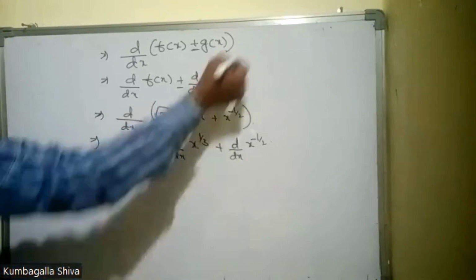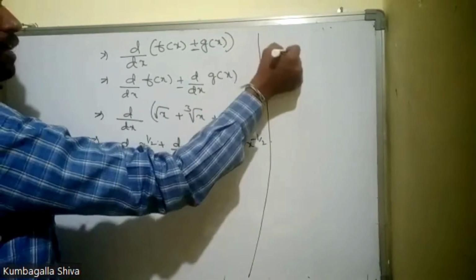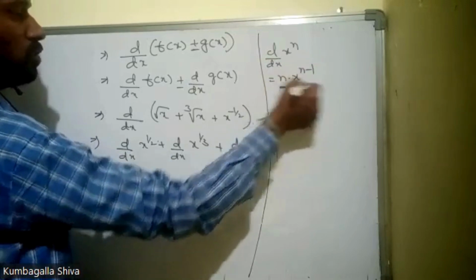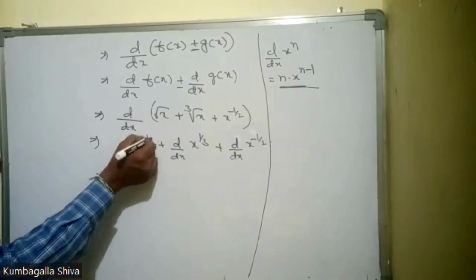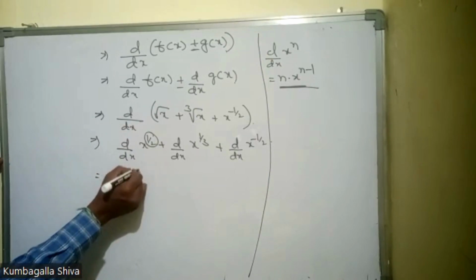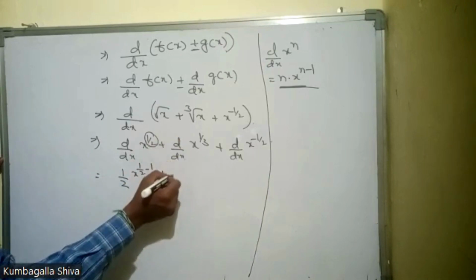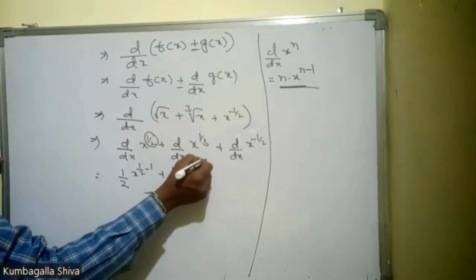Now according to the formula, d by dx of x power n is n into x power n minus 1. Using this formula only we are going to solve. So d by dx of x power 1 by 2 here is what? Power is 1 by 2. 1 by 2 into x power 1 by 2 minus 1. This is one expression. Now this one, 1 by 3 into x power 1 by 3 minus 1.